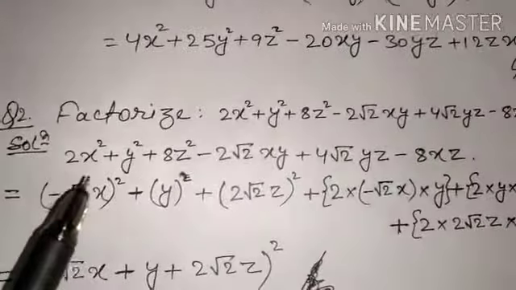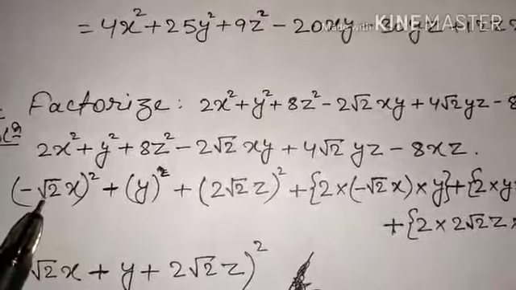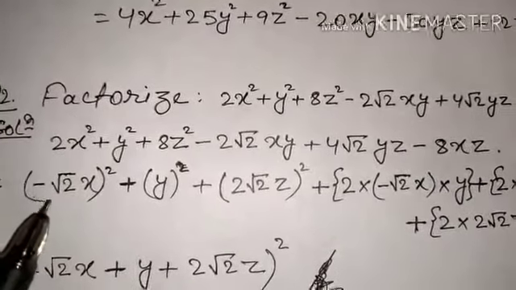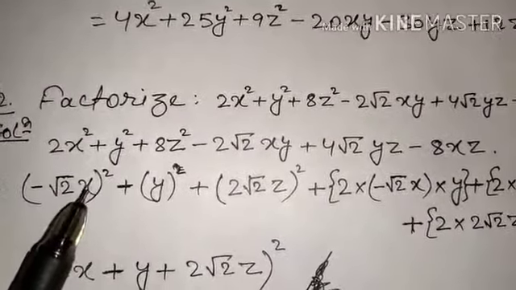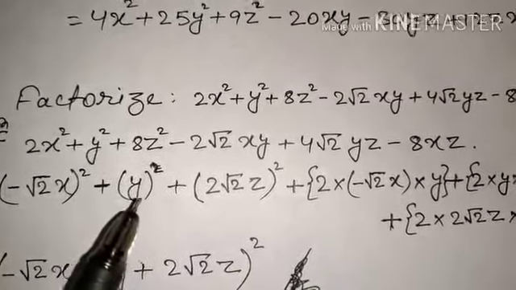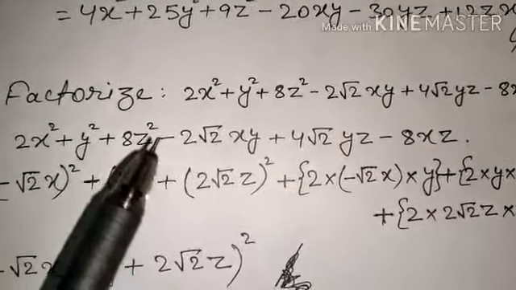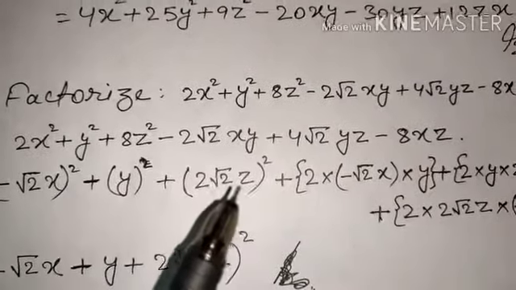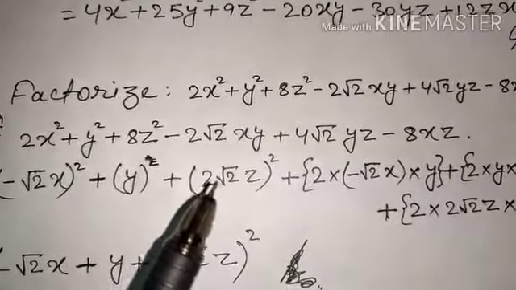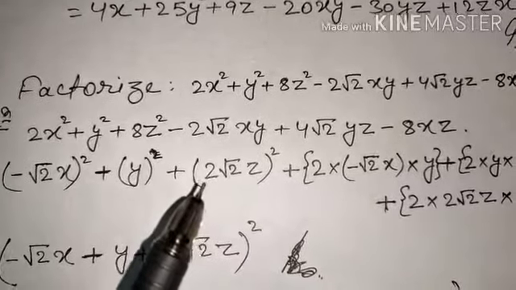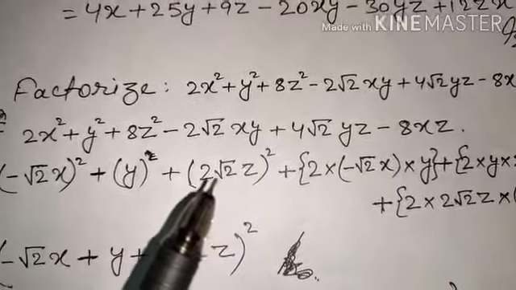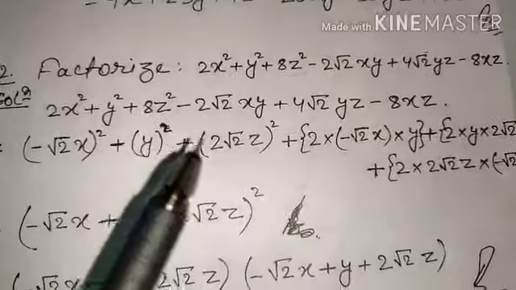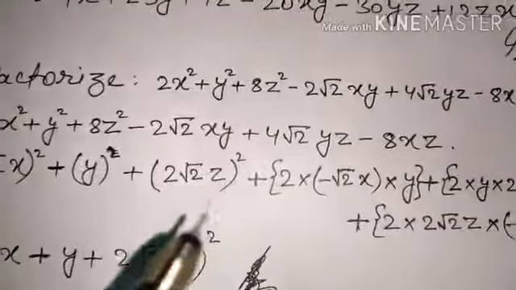So to adjust this minus, we have to put some minus over here. So minus root 2x I had taken over here, x square. Now y square will remain the same, and 8z square. So 8, to make it a whole square, I had written it as 2 root 2 z whole square. So 2 root 2, when we do the square, 2 will become 4 and root 2 will become 2. So 4 into 2, again we get 8z whole square. So that's why our step is correct.